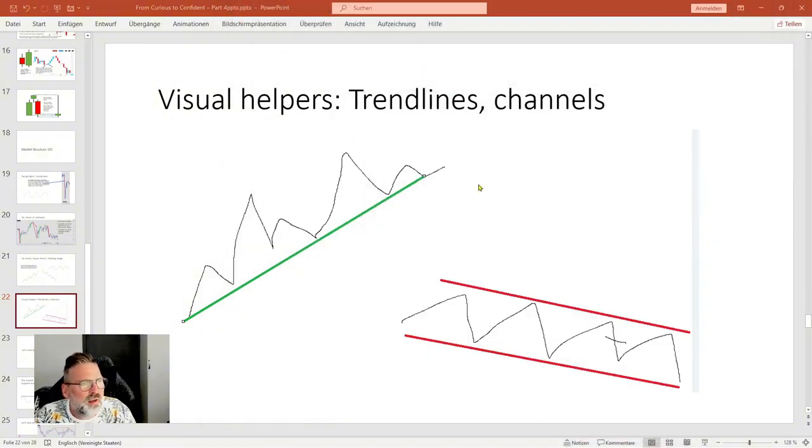Anyway, those are visual helpers. So practice a little bit with the charts, identify swing highs and swing lows, draw trend lines, draw channels, and get a feeling for how the market moves, and that will give you a very good feeling for that.